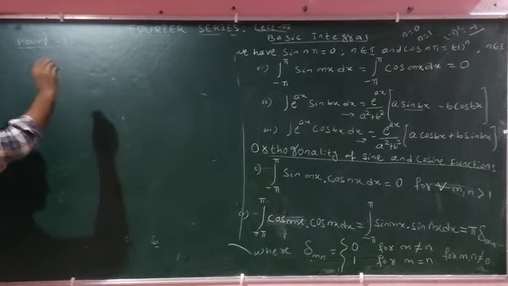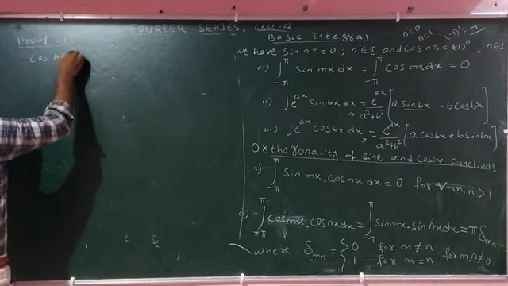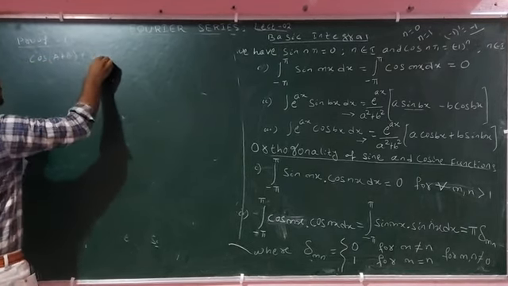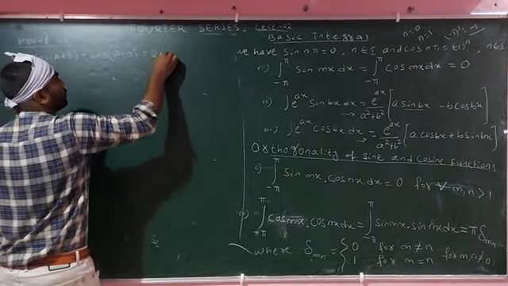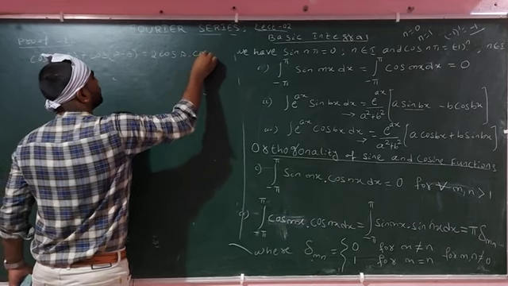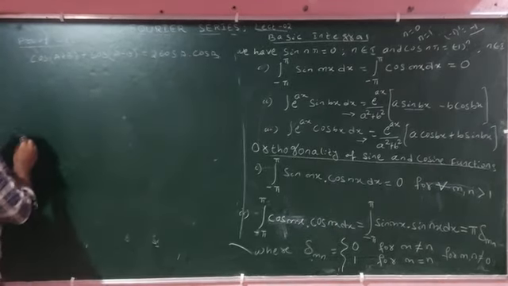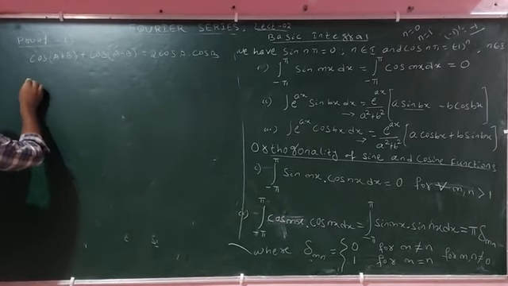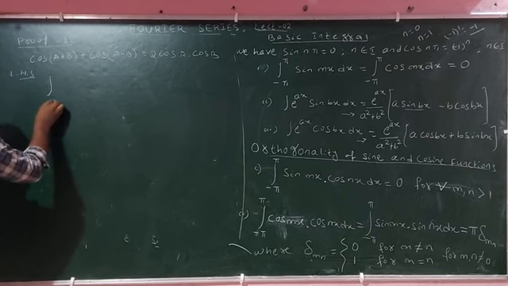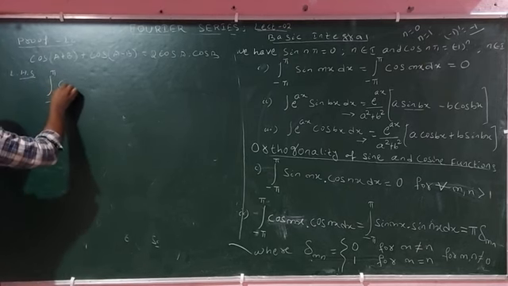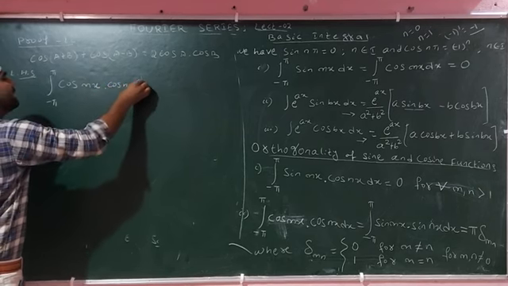By using the standard trigonometric identity, cos(a plus b) plus cos(a minus b) equals 2 cos a into cos b. So for cos a into cos b, the LHS is the integration from minus pi to pi of cos mx into cos nx dx.